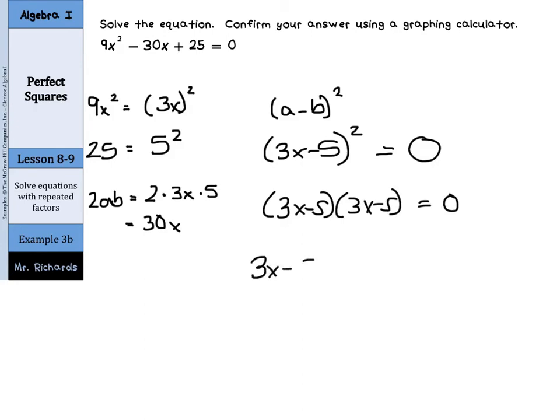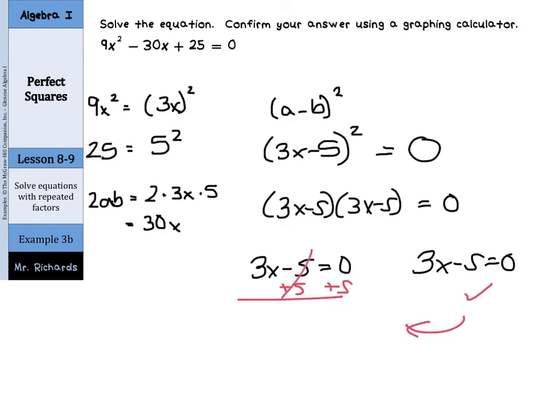So we can write down our equations: 3x minus 5 equals 0 and 3x minus 5 equals 0. Add 5 to both sides. And of course, whatever you get on the left side is going to be what's on the right side for the equation, so we just need to solve the one. We're left with 3x equals 5. Divide by 3 on both sides of the equation, and x equals a positive 5/3.